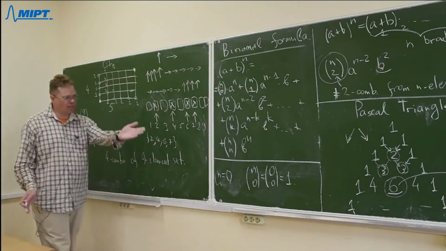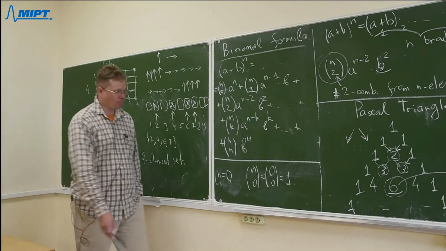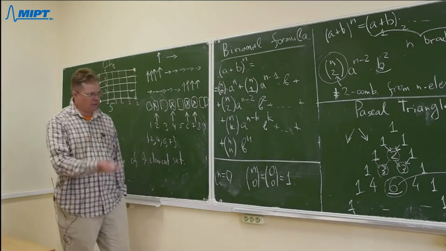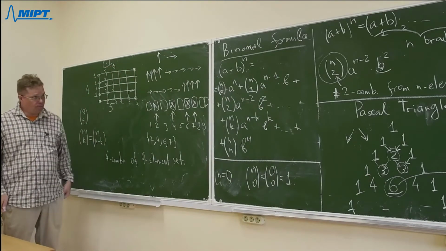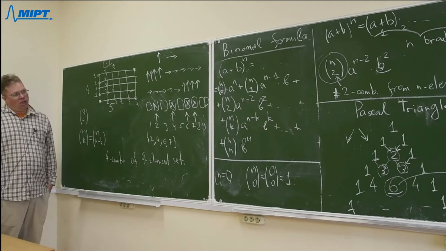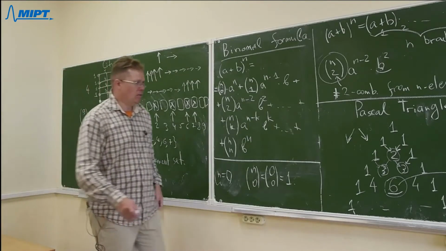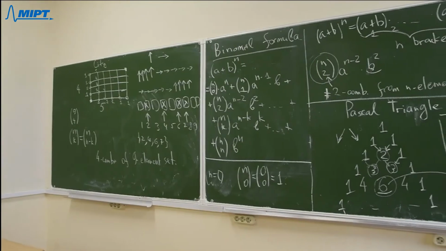And so I proved that the numbers in Pascal's Triangle are actually the binomial coefficients, or combinations.